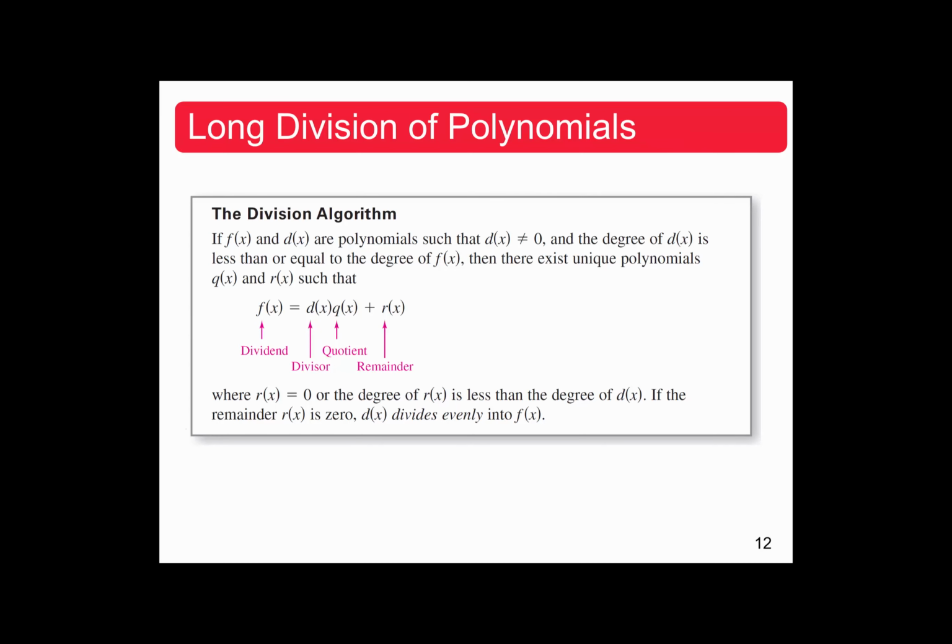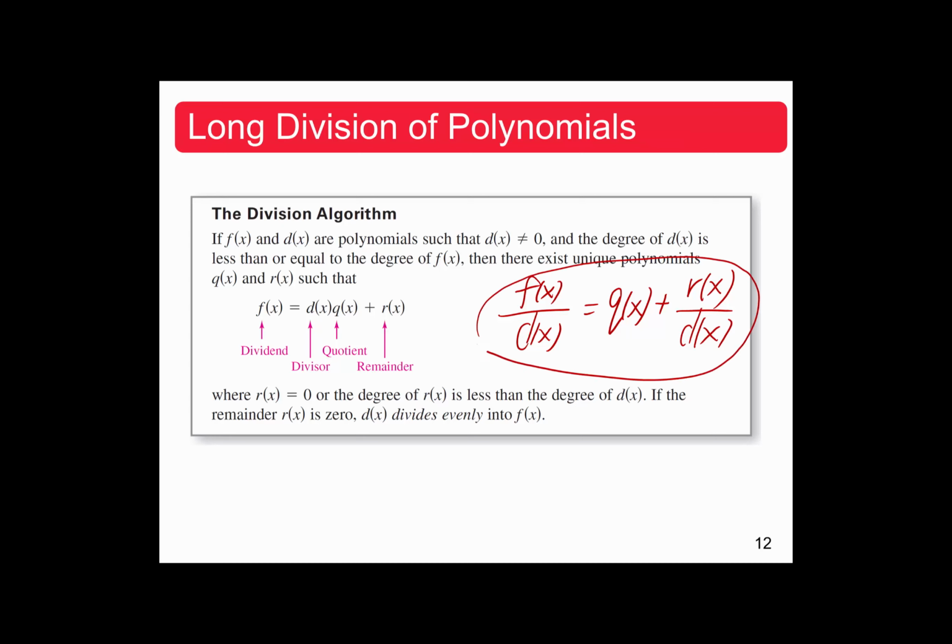So anytime you're dividing a polynomial function f of x by d of x, you're always going to get a quotient q of x plus remainder as a function of x over divisor d of x. Okay, and that's the basic structure of long division. And here q of x is what we call the quotient.